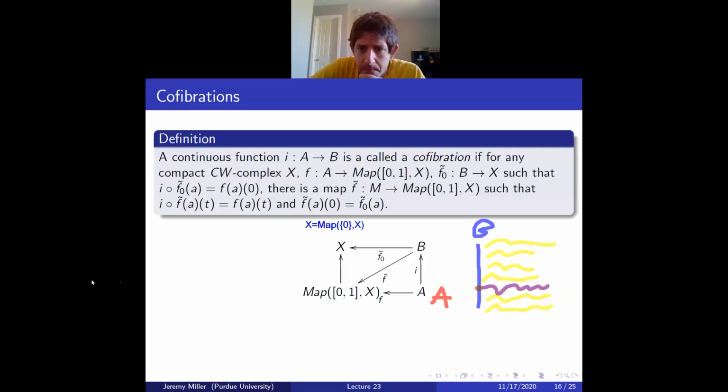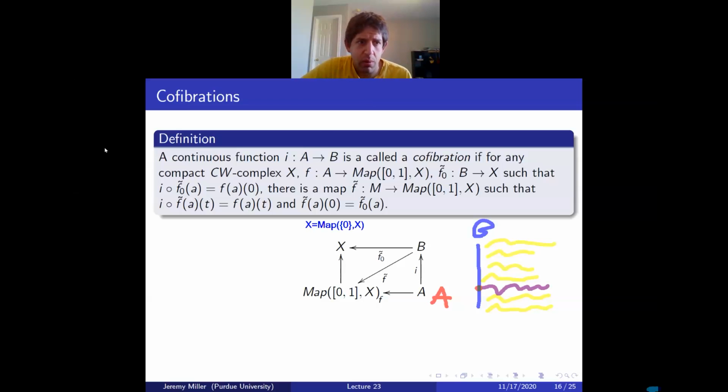And I guess one thing is that it's going to need to be injective, because let's say two points in A go to the same point in B, then over here you could pick the paths to be different but start at the same point, and then there would be no way to extend the things here, because it would have to be both extensions at the same point.